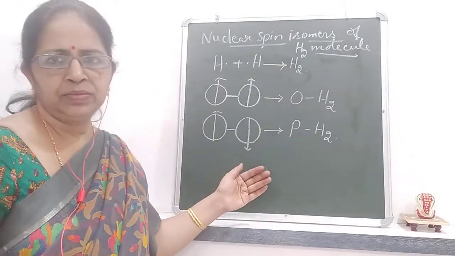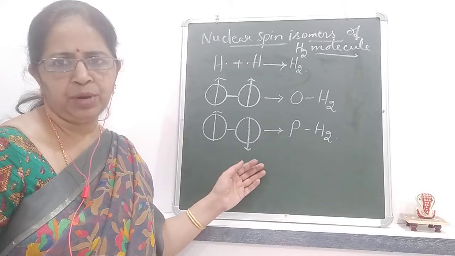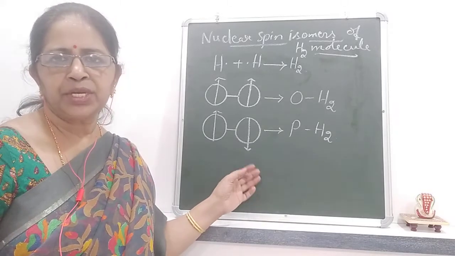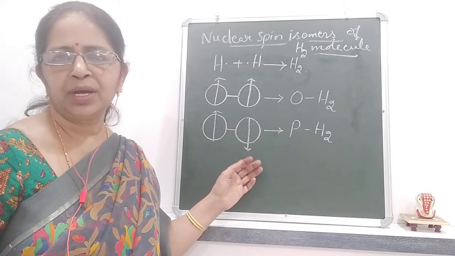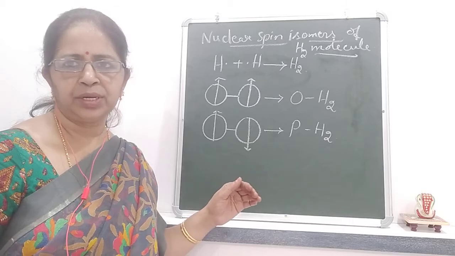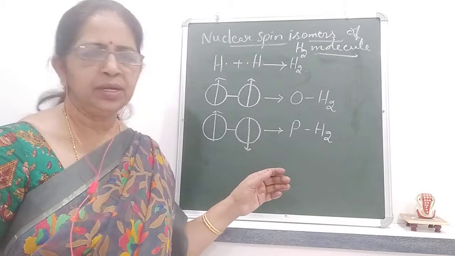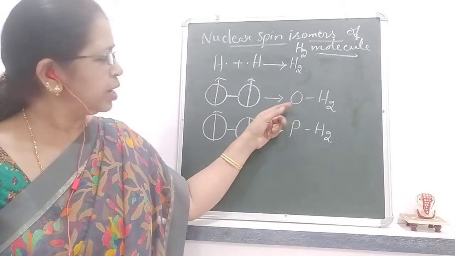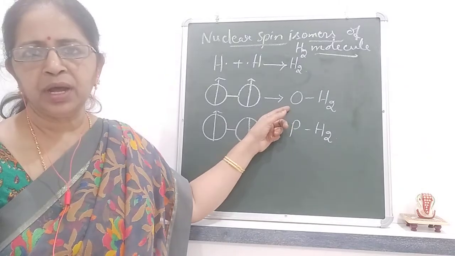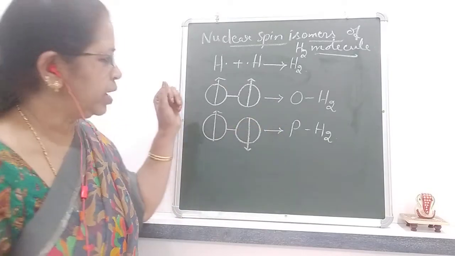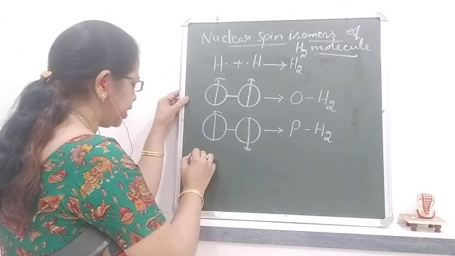How do they behave? What is the difference in their properties, and what is their occurrence? The stability of the ortho isomer is higher than the para isomer at normal temperature. At room temperature, the stability of the ortho isomer is greater. That means the occurrence of the ortho isomer, orthohydrogen, is higher than the para isomer at normal temperature.